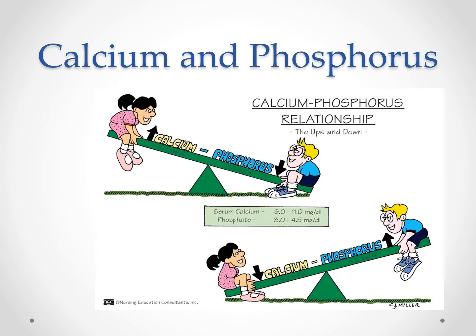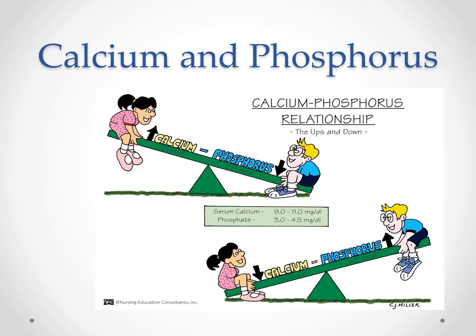Your calcium and phosphorus relationship: you can see the serum calcium is supposed to be between 9 and 11, and your phosphate is 3 to 4.5. Go buy your books, please, or your handout for those lab values. But this is your relationship between calcium and phosphorus.